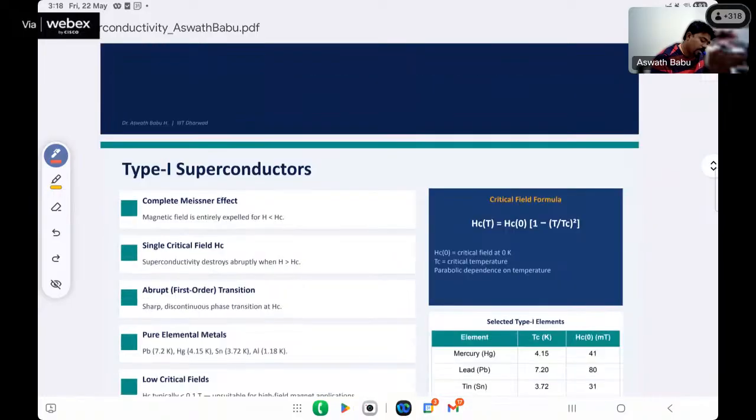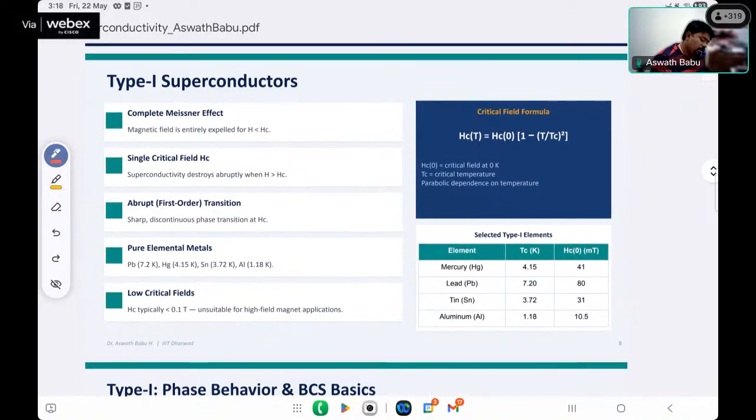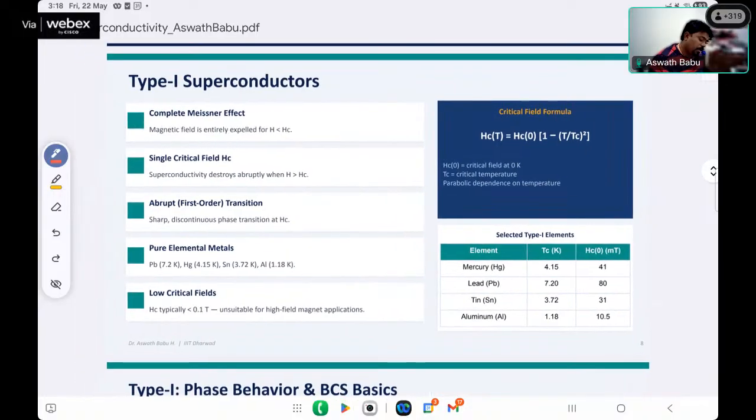Type 1 superconductor in detail. The magnetic field is entirely expelled for temperatures less than the threshold. So I have T here, T is less than Tc. Just a small correction here. And a single critical field; superconductivity is destroyed when the temperature is above Tc.